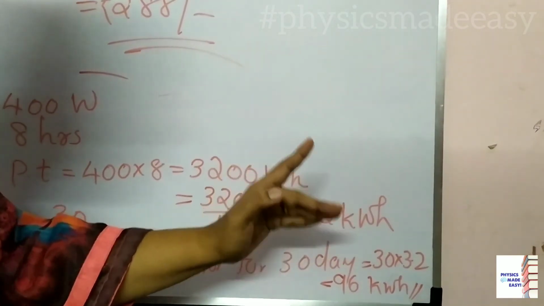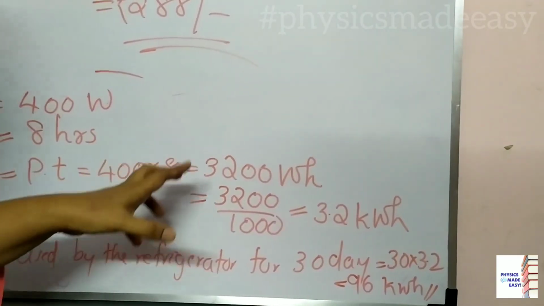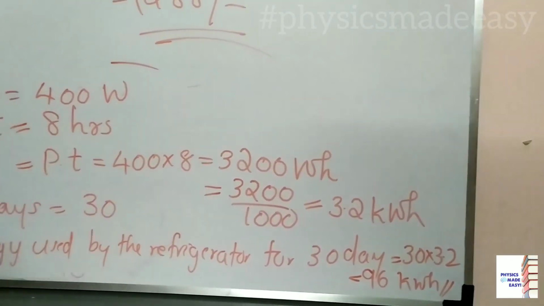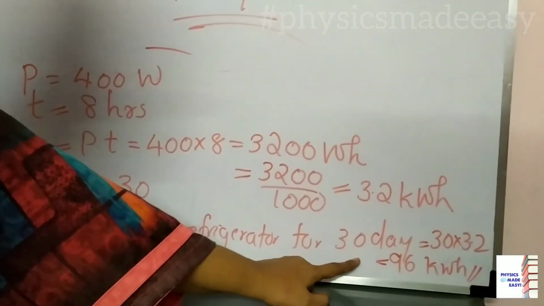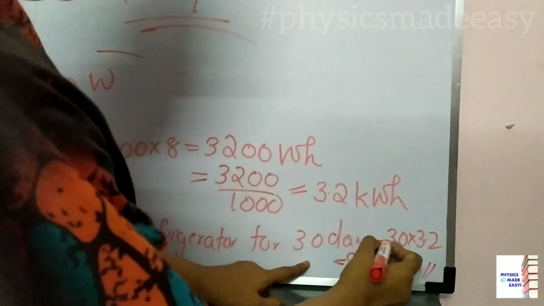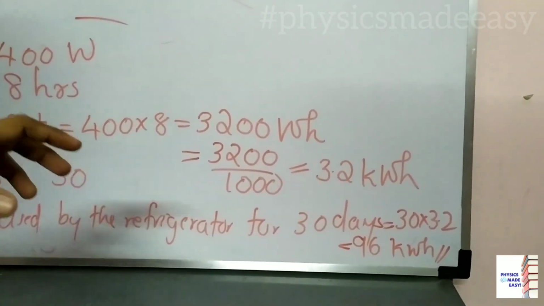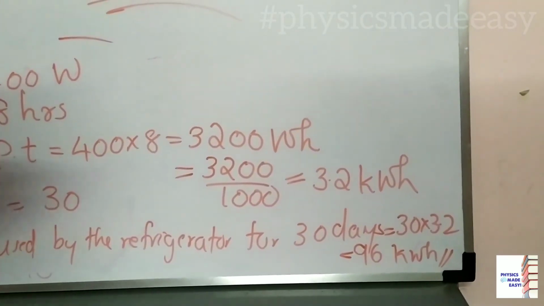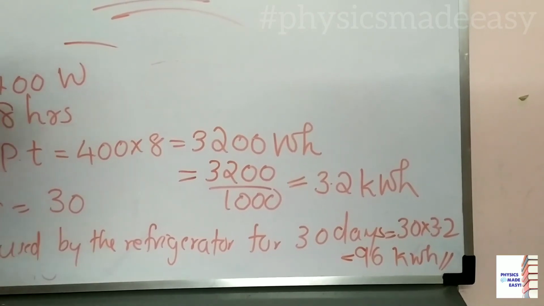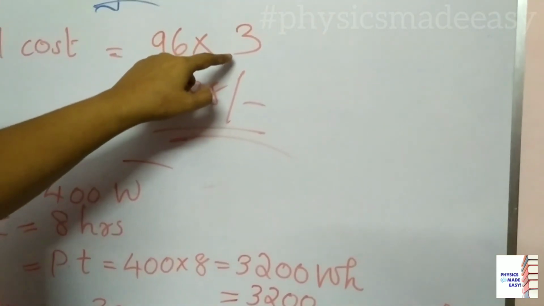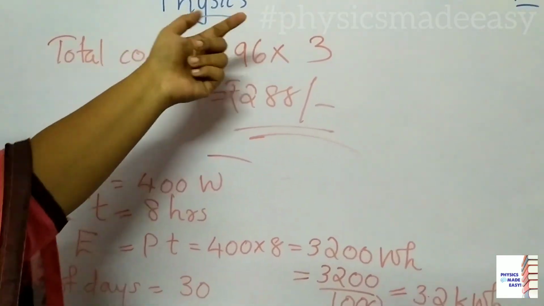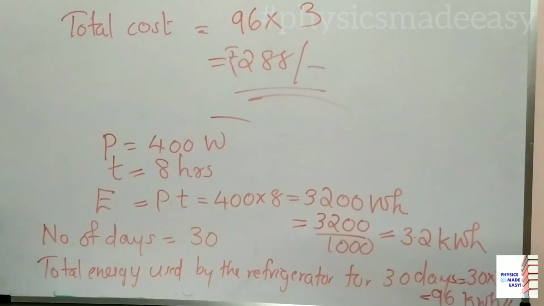This is for 1 day. Then we have to find the energy consumed by the refrigerator for 30 days. So 30 into 3.2, you will get 96 kilowatt hour. So this many units, and for each kilowatt hour we have to pay 3 rupees. So what is the total cost? 96 into 3 rupees, 288.